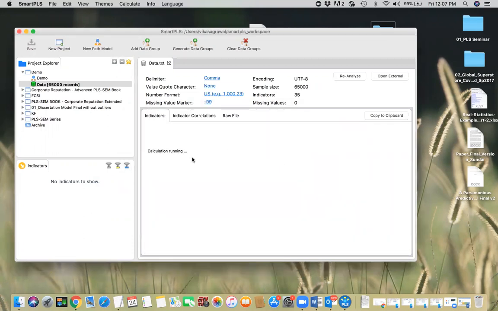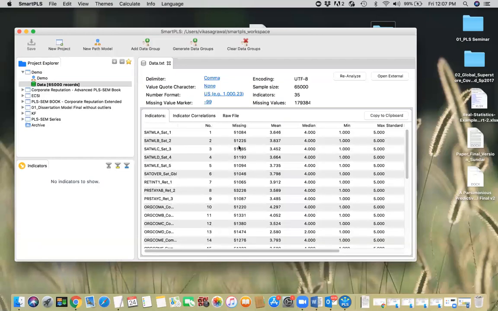That's going to rerun the calculation, and -99 will be indicated as a missing value. As we know from the earlier video, we have a lot of missing values, almost 51,000. The data set size is 65,000. So even if you eliminate all the missing values, you still get a very decent sample size of 10,000 observations, which is very big by any standard.